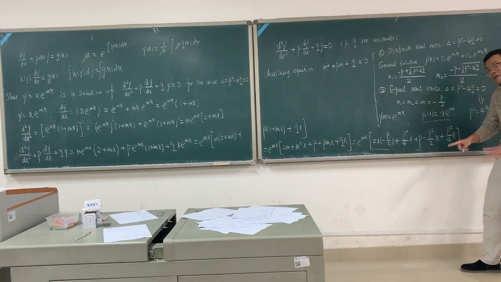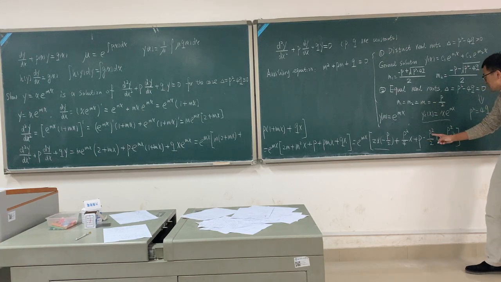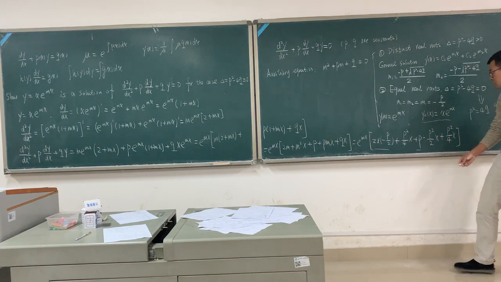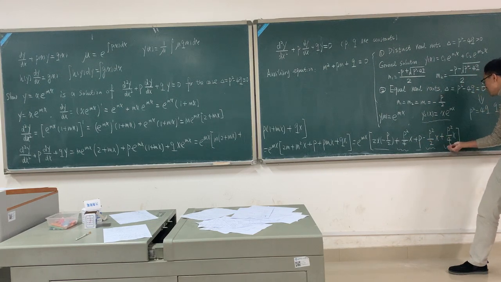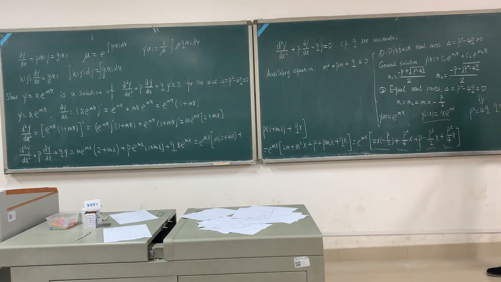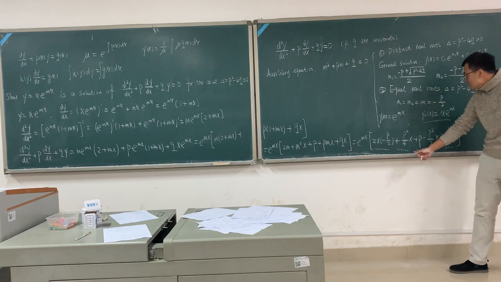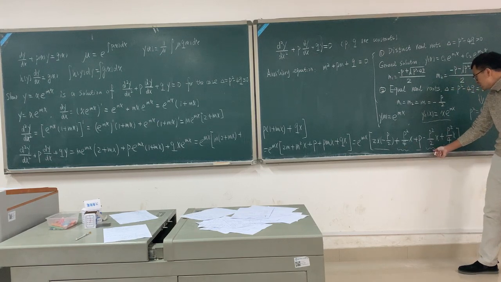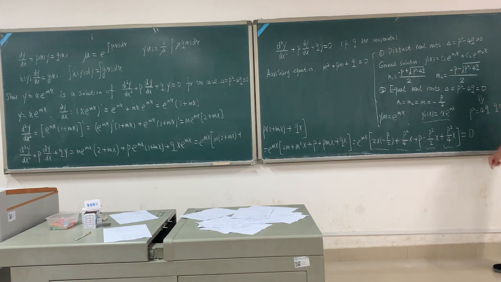So these two terms actually give p square by 2x, and here is minus p square by 2x. So the second, fourth, and fifth terms cancel. The first term and the third term cancel, so the result is 0.